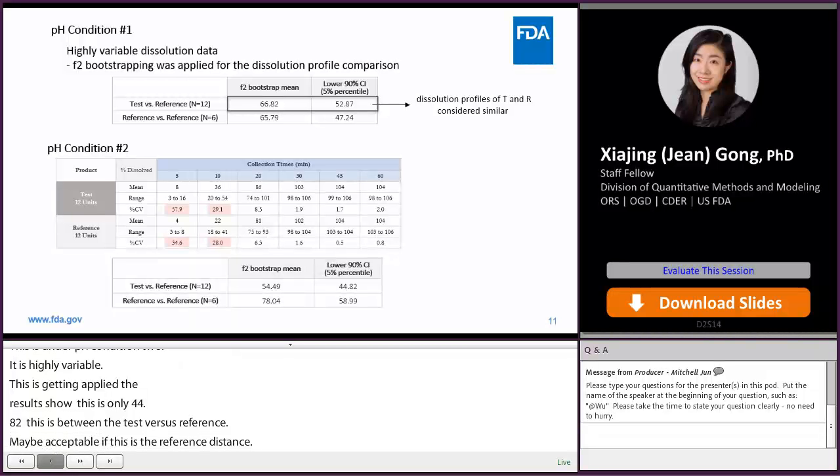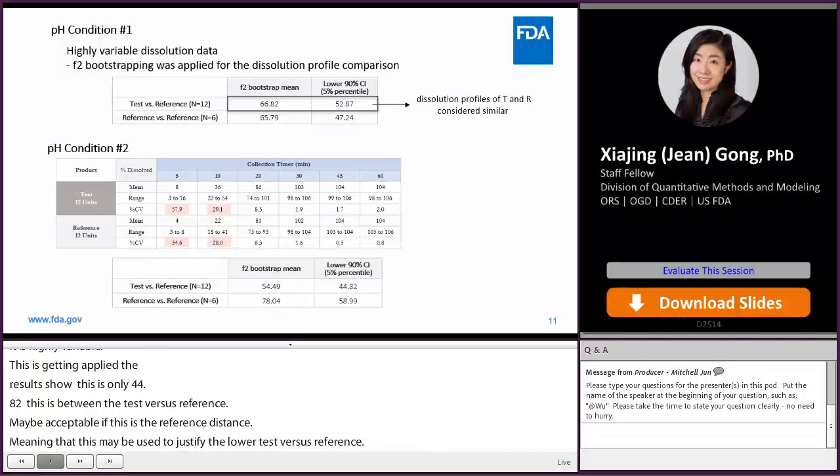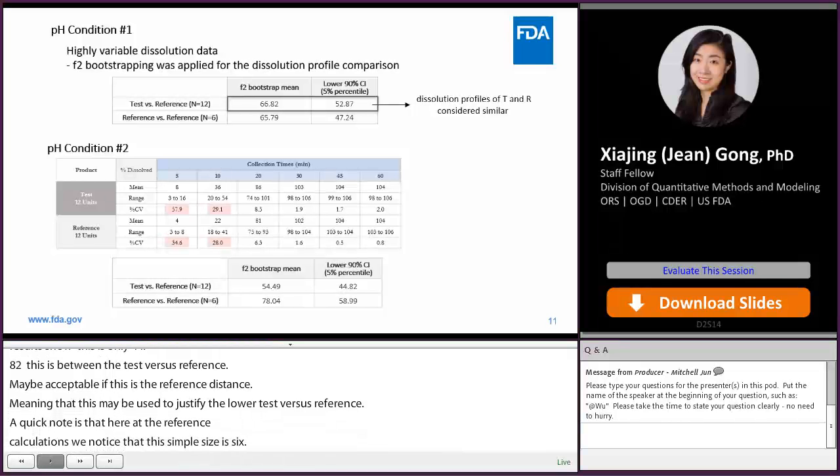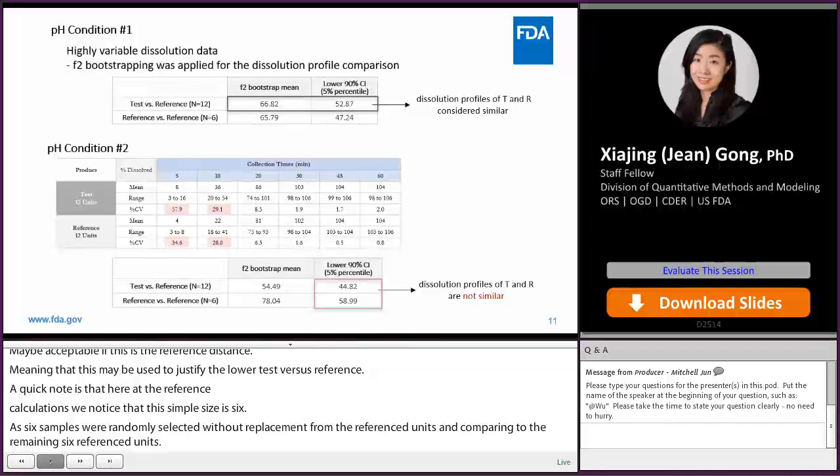A quick note is that here for the reference calculation, we notice that the sample size is 6, as 6 samples were randomly selected without replacement from 12 reference units and compared to the remaining 6 reference units. However, from the results in this case, the test versus reference F2 is still lower than the reference versus reference F2.